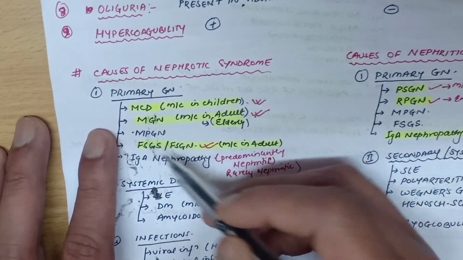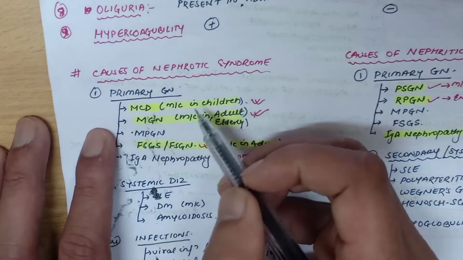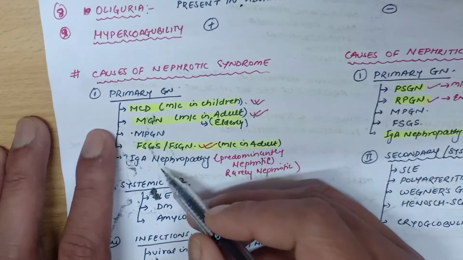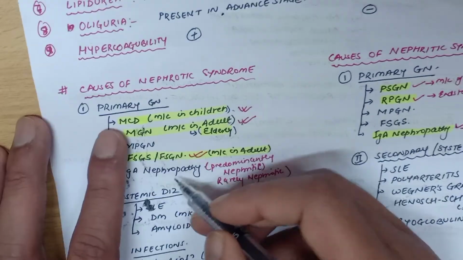And MPGN and IgA nephropathy are seen in both nephrotic and nephritic syndrome, and IgA is predominantly seen in nephritic syndrome and rarely in nephrotic syndrome.